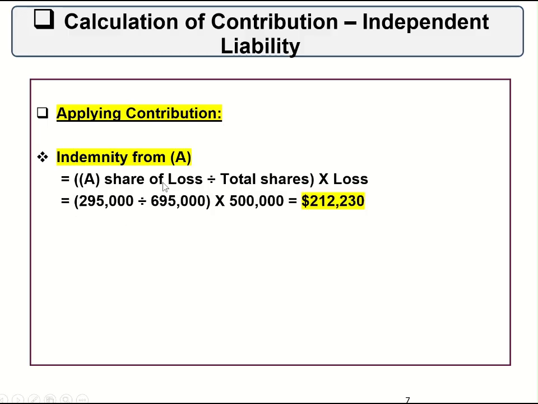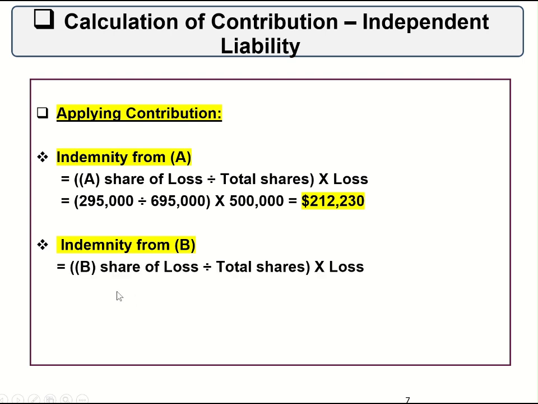So the share of the loss, as we calculated previously, was 295,000, divided by the total shares from A and B, 695,000, multiplied by the loss 500,000, which equals $212,230.